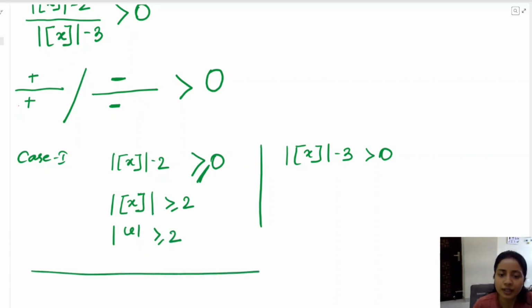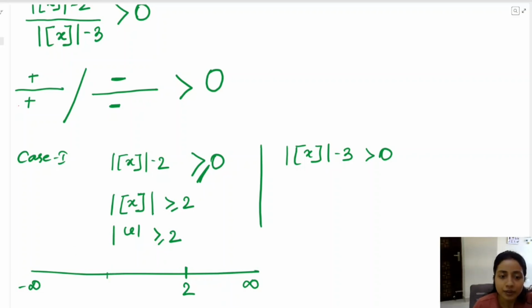On the real line, the number can be 2, or bigger than 2, maybe 2.1, 2.2, 2.5, 3, 4 or 5. These are the numbers which will satisfy our inequality if we are just focusing on the modulus function for now.